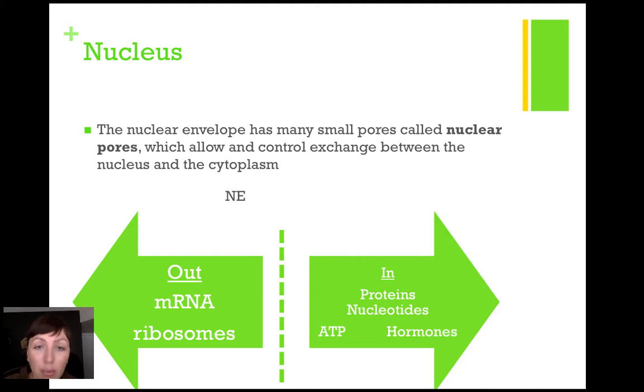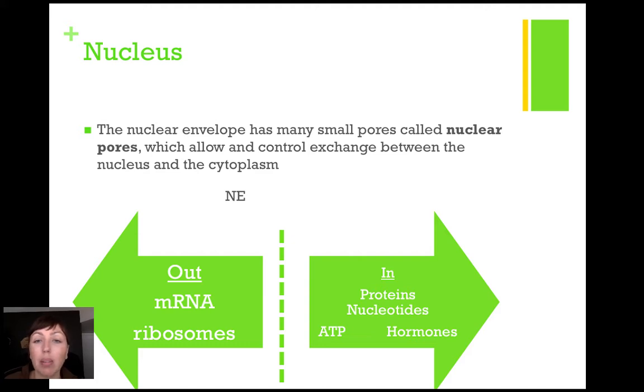Okay, the nuclear envelope has many small pores called nuclear pores, which allow and control the exchange between the nucleus and the cytoplasm. Okay, so things are coming into the nucleus and things are coming out of the nucleus, like mRNA, and we'll learn more about that when we talk about protein synthesis. Okay, so out is mRNA, ribosomes, and then in are proteins, nucleotides, ATP, and hormones.